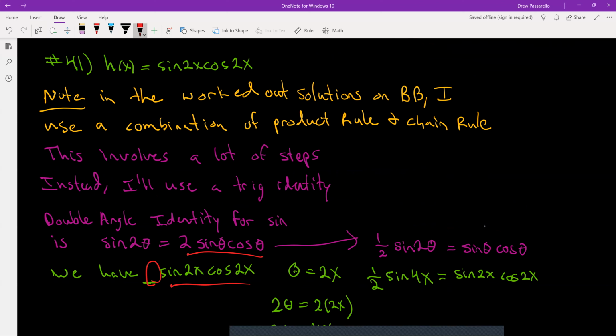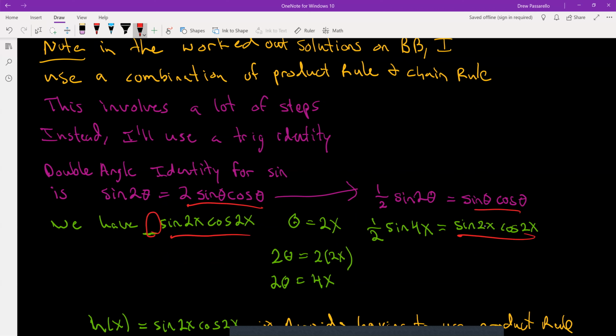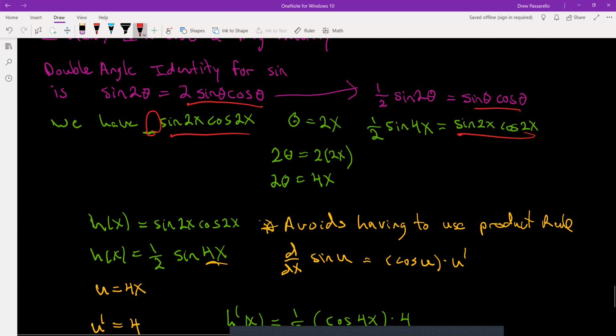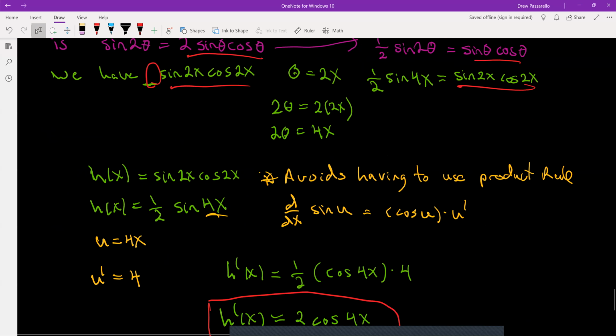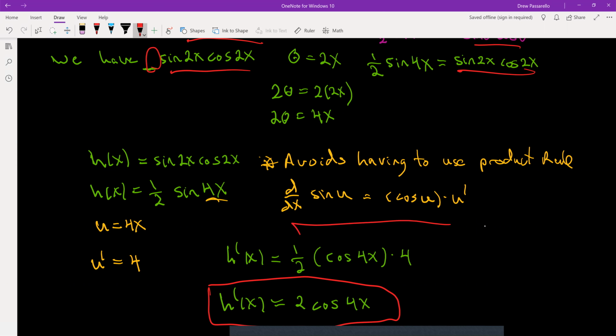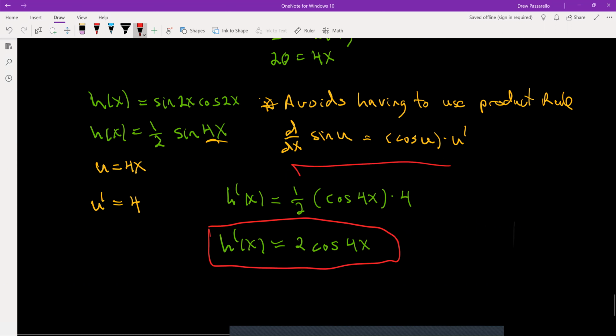That way it matches up with what we have. Then I just have to do 1/2 sine of 2 times theta, where theta is 2x, so I multiply 2x by 2 to get 4x. That reduces the problem into one trig function. And I just applied the chain rule with sine, and that gives me my answer.